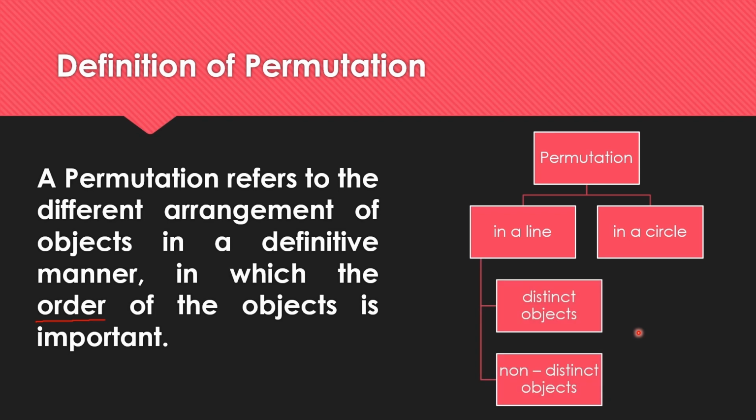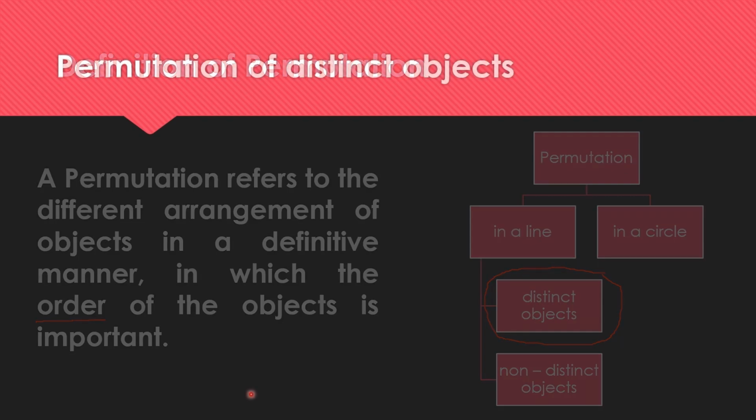Now, under permutation in a line, we also have two topics: permutation of distinct objects and permutation of non-distinct objects. So basically, our main focus for this video lesson is permutation of distinct objects. Right, so let's now proceed to our example.